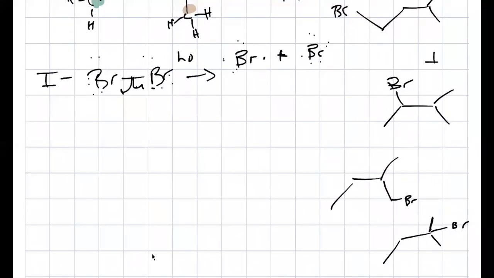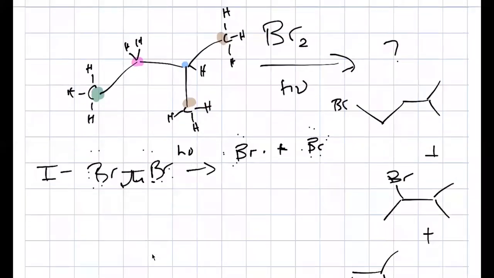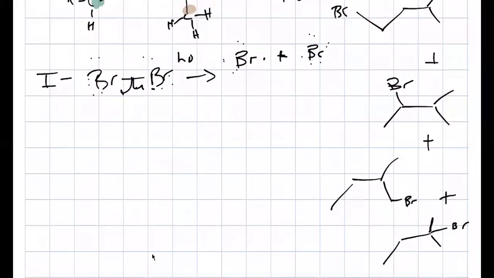All right, so all of this is this plus that, and then plus that. So you get 4 different products. Let me show you the first propagation step, and then for the extra credit, I want you to show me the rest of them, plus termination. All right, because this means absolutely nothing until you put pen to paper and do it yourself. Because when you get on the test, you're gonna have to do it yourself.